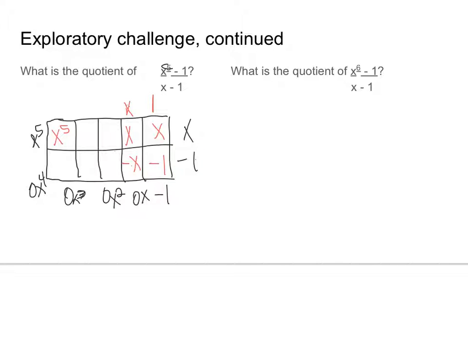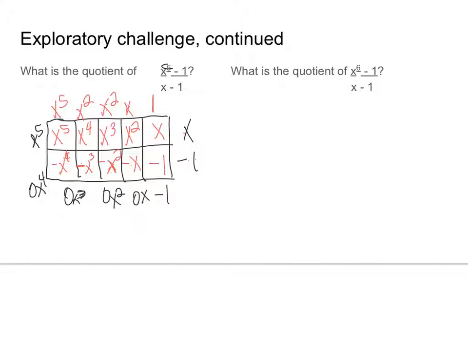Move here, x squared, which means negative x squared to cancel those out. x squared times negative 1 is negative x squared. x cubed, negative x cubed, which would give me x cubed, x to the 4th, negative x to the 4th, which is x to the 5th.